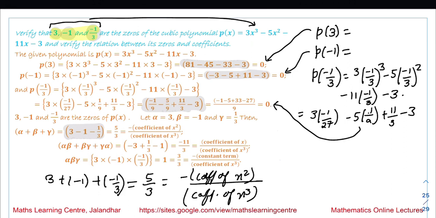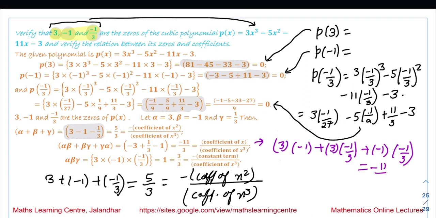Next is the sum of the roots taken 2 at a time. So it is 3 into minus 1 plus 3 into minus 1 by 3 plus minus 1 into minus 1 by 3. When you calculate these values, you will get the final answer is minus 11 by 3.